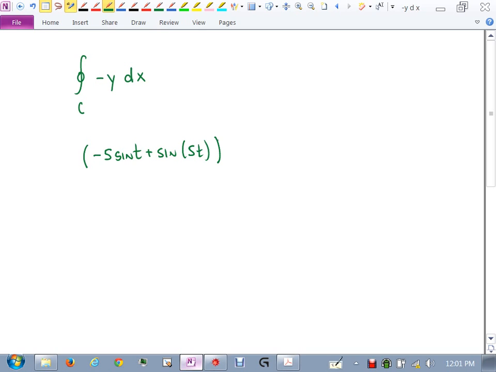That's y, and then the derivative of x would have been negative 5 sine t plus 5 sine 5t, dt. Is that any better? It's looking like we're going to get about the same thing, right? This and this. Do y'all follow? Doesn't look any better, does it?